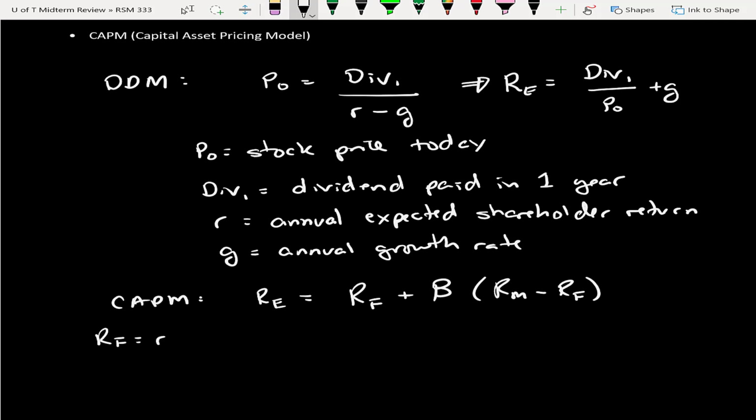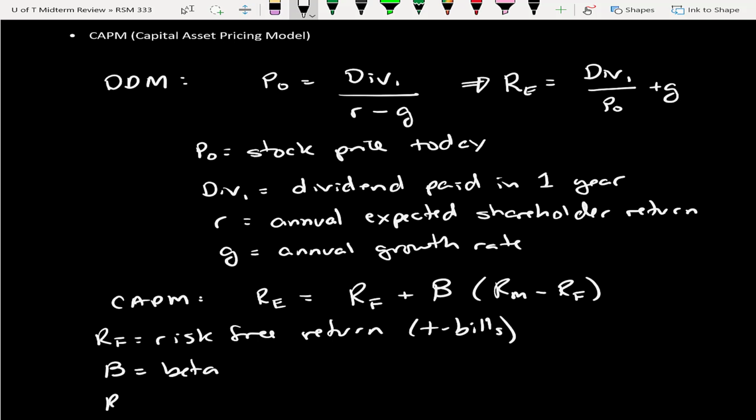RF is the risk-free return, which is often quoted in a question as the T-bill rate. B is beta. We'll talk about that in a bit as well as the concept of it. It'll be given. RM is the average market return.